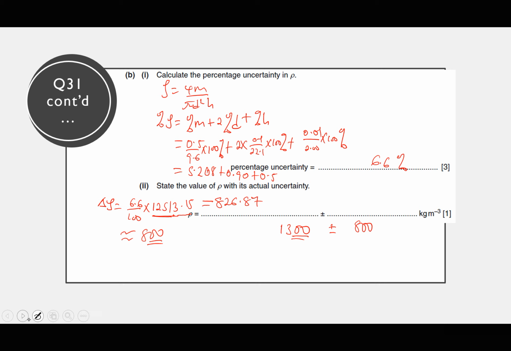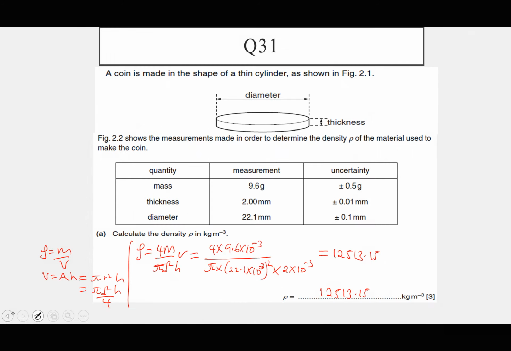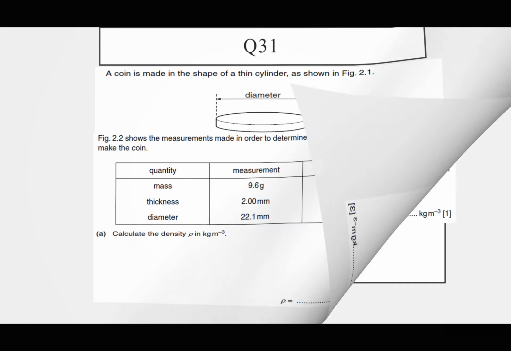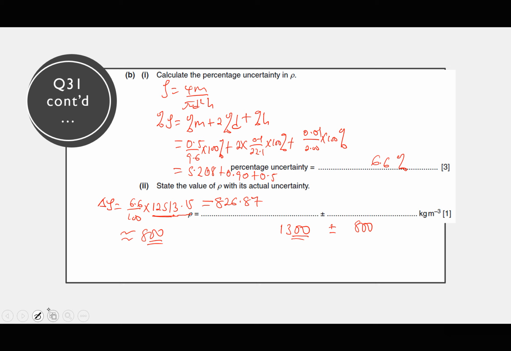Did I write the wrong value for that? 12513. Okay. So this is going to be 12500 plus or minus 800.